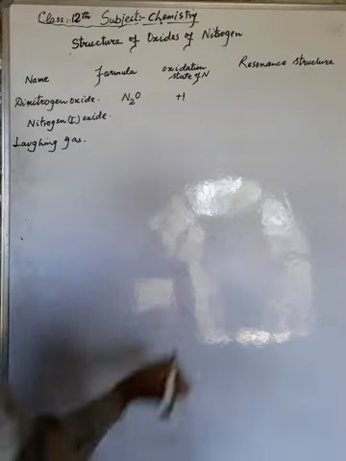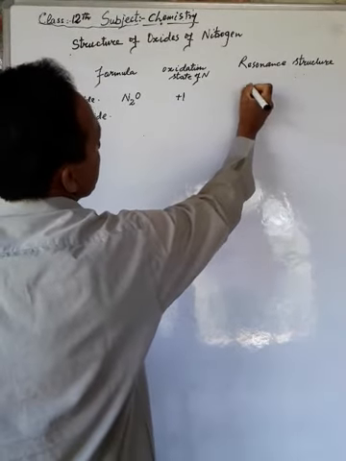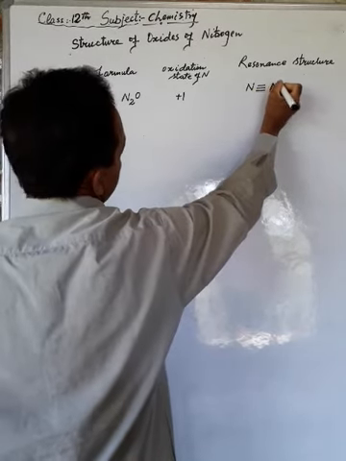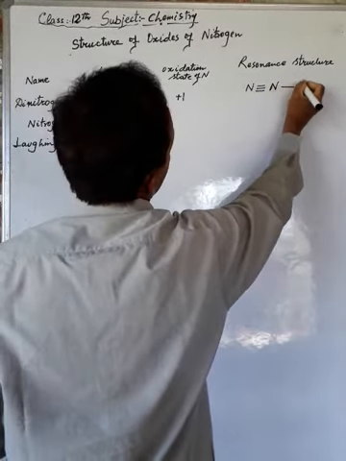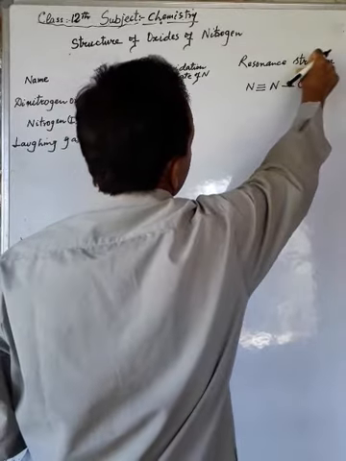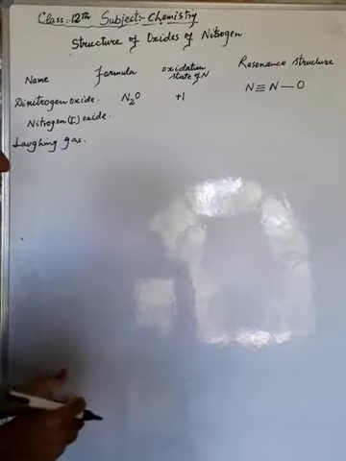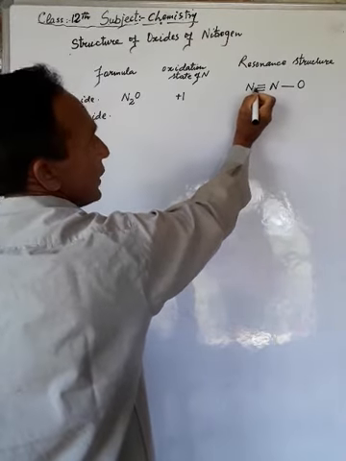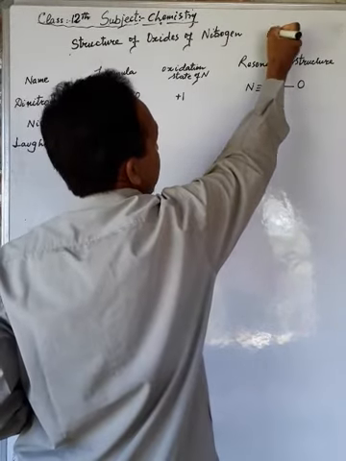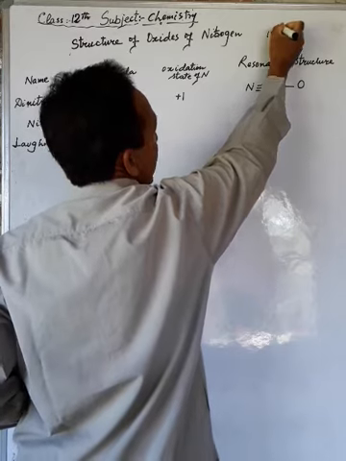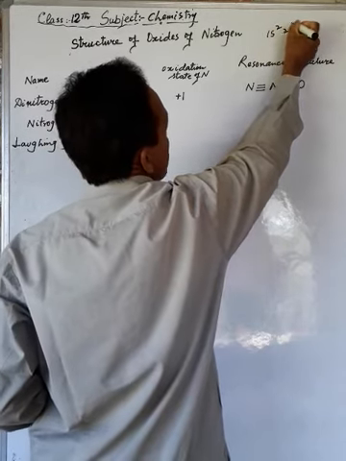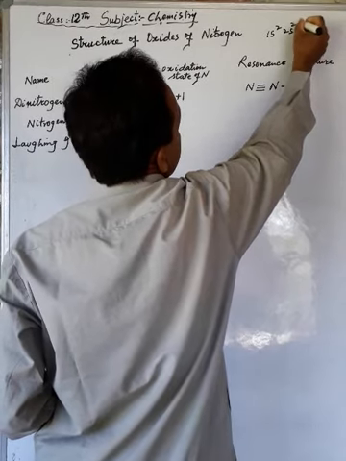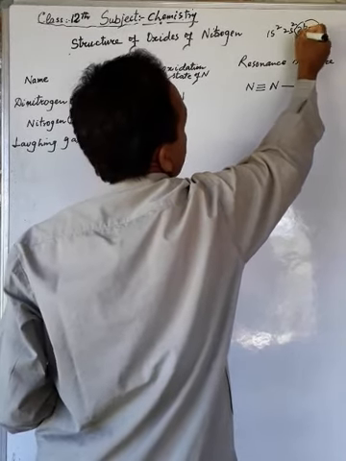The resonance structure of N2O is N triple bond N O. We have to complete the octet. So these are 3, 2. This is nitrogen, its electronic configuration is 1s2, 2s2, 2p3.